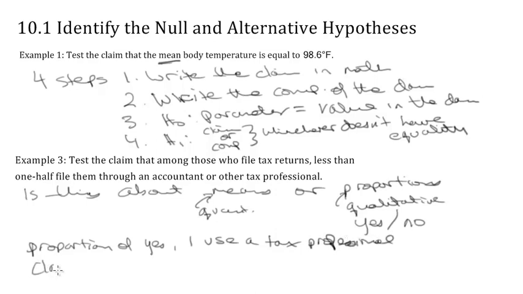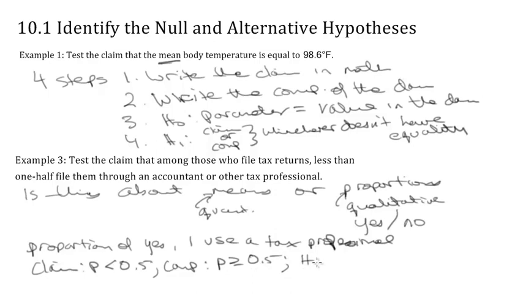And our claim is that the proportion is less than 1/2. There you go. The complement is the proportion is greater than or equal to 0.5. Well, that won't be the alternative.